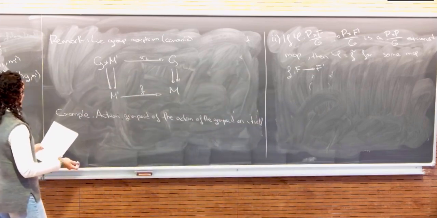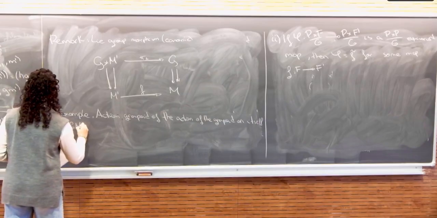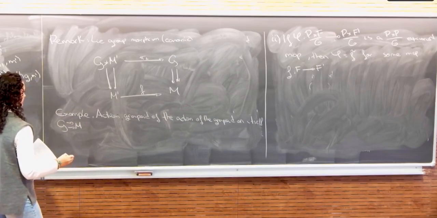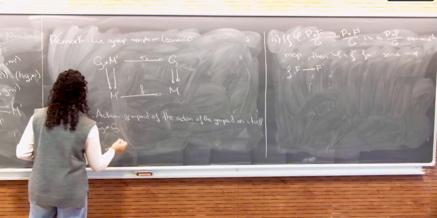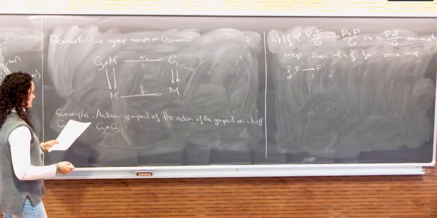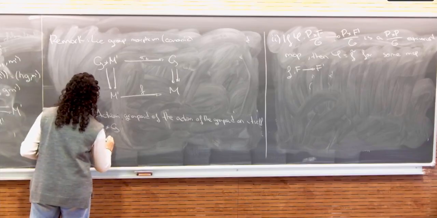If we have this Lie groupoid, then the set of composable arrows will be the set of pairs that can act on each other.